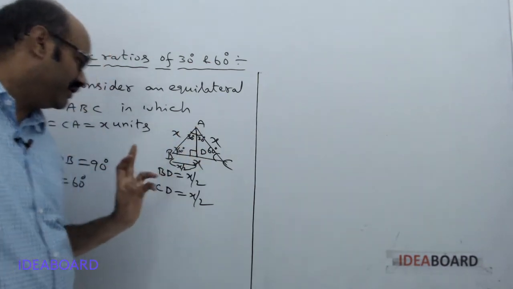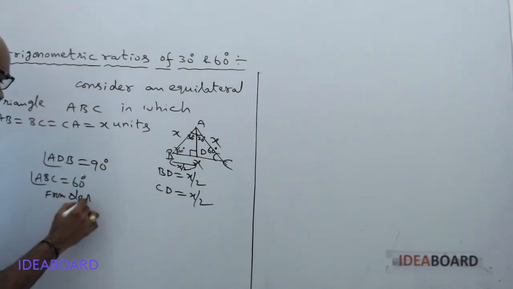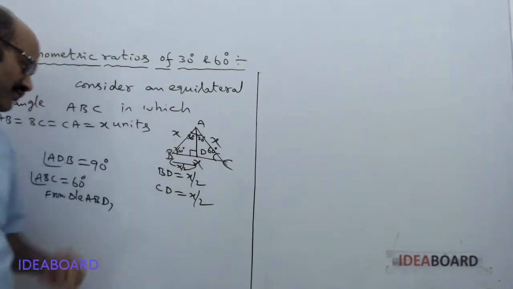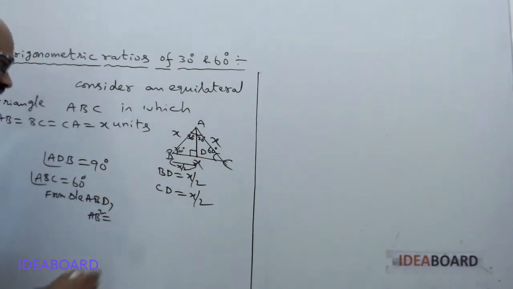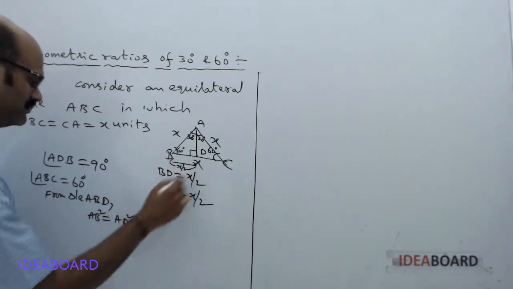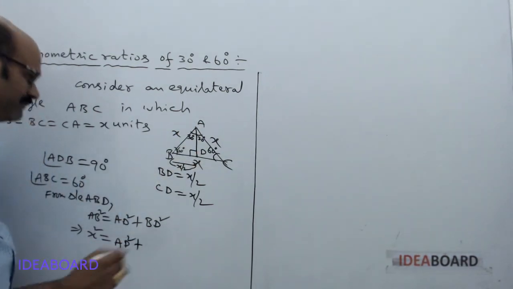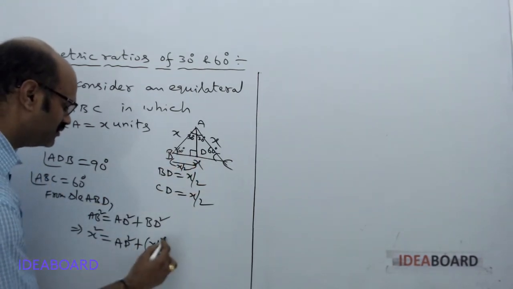To find the length of AD from triangle ABD, we take Pythagoras theorem. AB square equal to AD square plus BD square. So we have x square equal to AD square plus BD, where BD equal to x by 2, whole square.